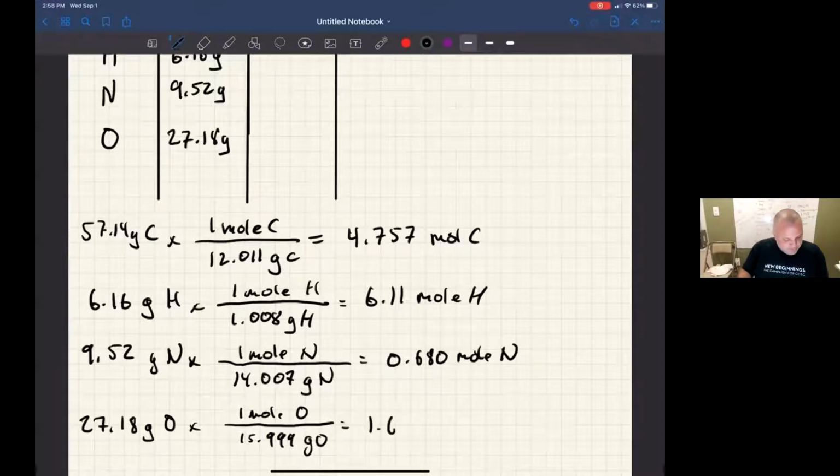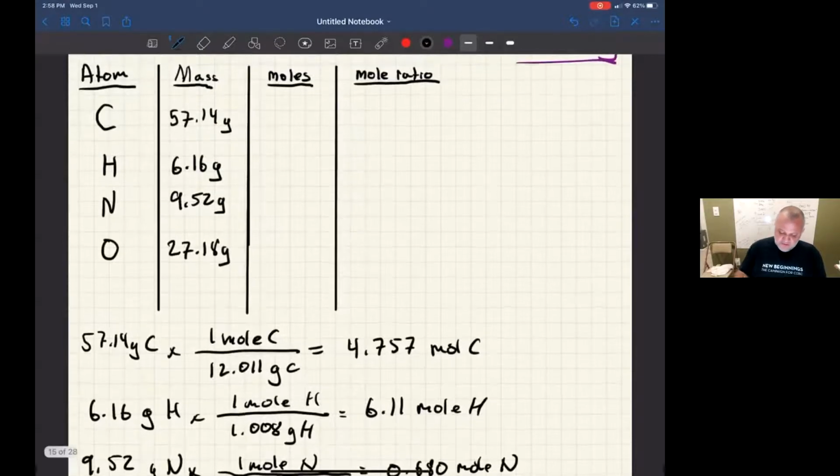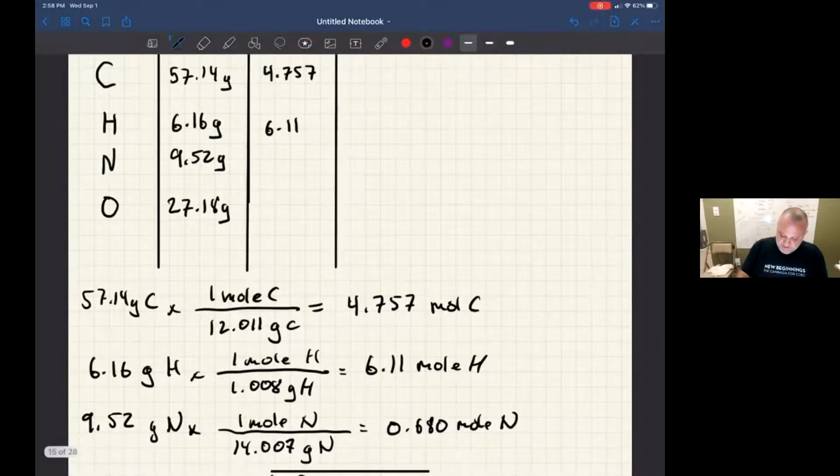I get 1.699 moles of oxygen. So what I want to do is transfer these values to my chart so that I can keep track of things. Again, you don't have to do this if you don't want to. It just helps me keep track of the different values that I've calculated.